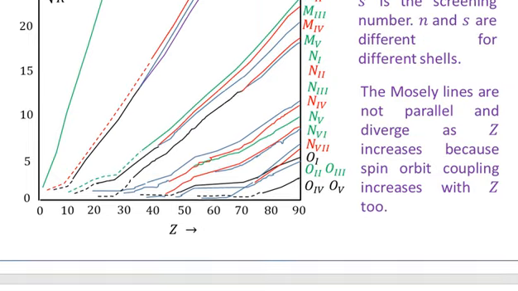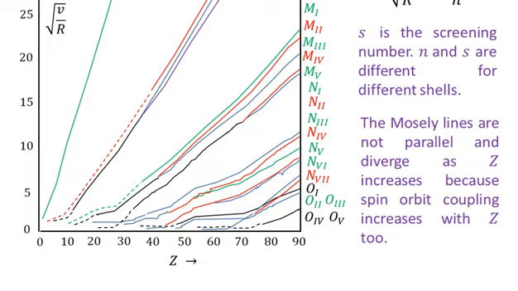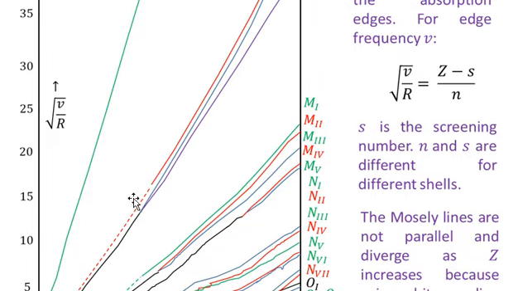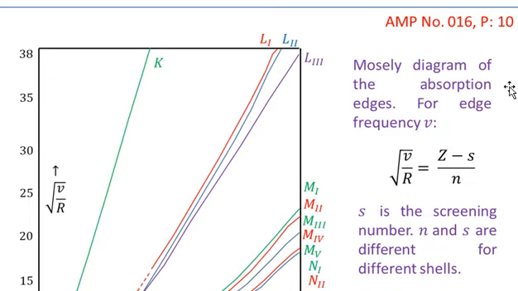So as Z increases, for different materials you will see that the lines are going to diverge. I am talking about the L1, L2, and L3 lines, and ultimately they diverge well, and you can easily discriminate between L1, L2, and L3.